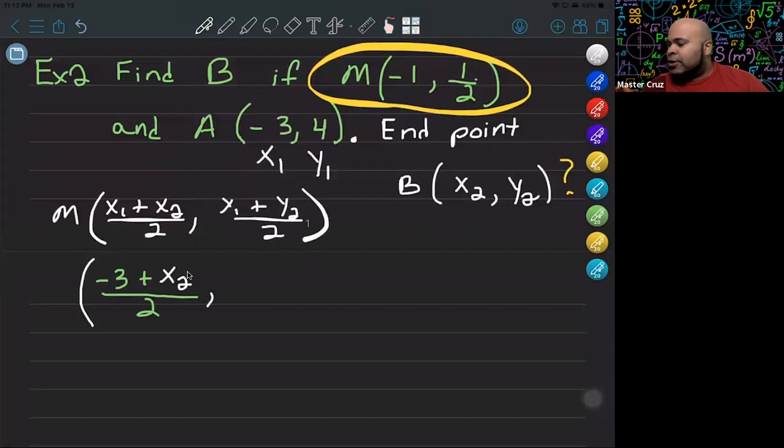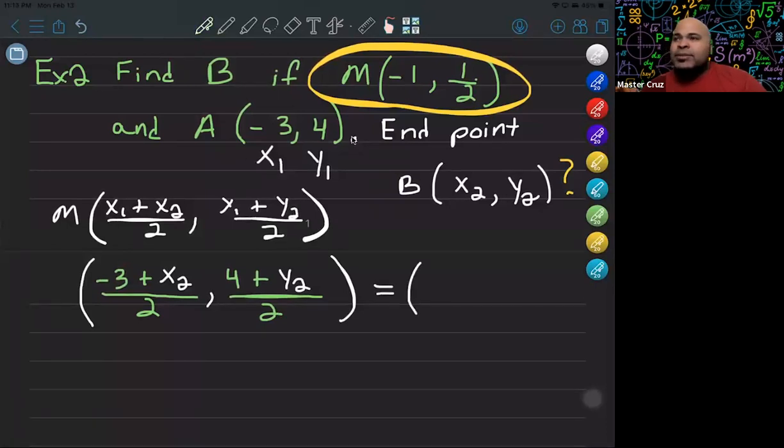There's a comma here. I'm going to repeat the same step with y. Now, y1 is 4. I know what it is, so I'm going to write down 4. I'm going to write down the plus. I do not know what y2 is, so I'm just going to write down y2 all divided by 2. Okay. And I know what this equals. This equals my midpoint, right?